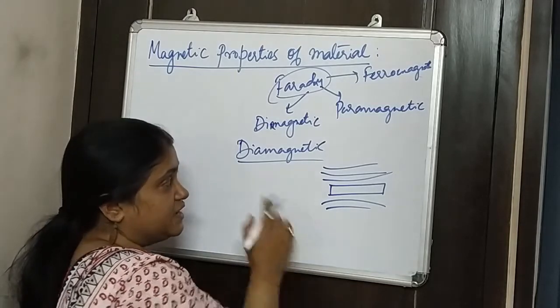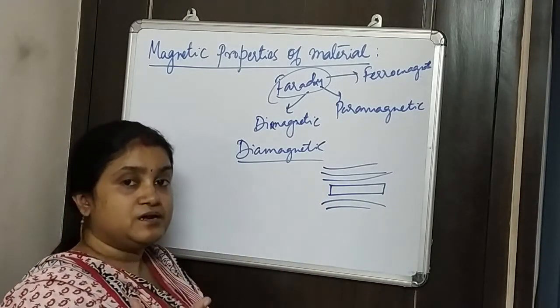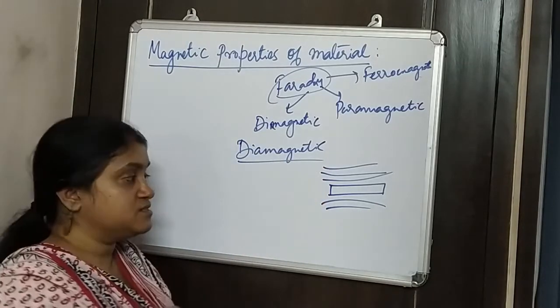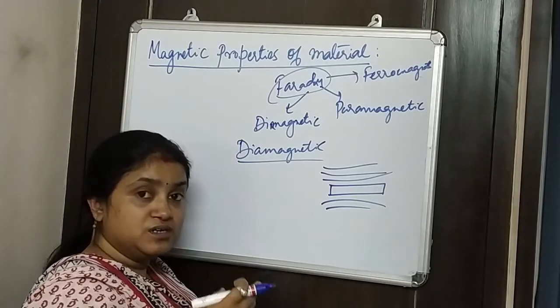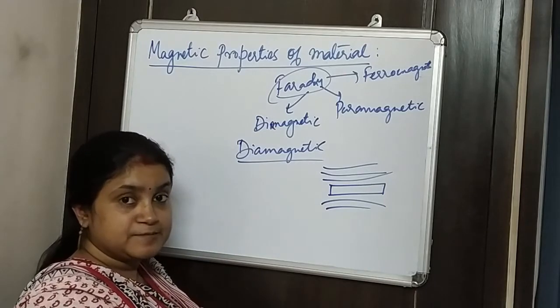It means that this material is kind of repelled by the magnetic substance, and generally they would move from a stronger field to a weaker field.